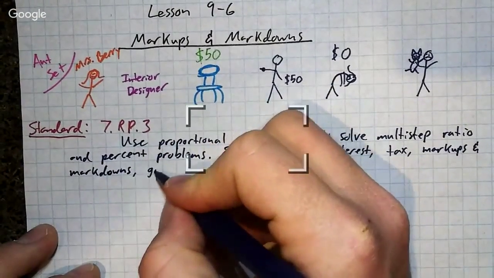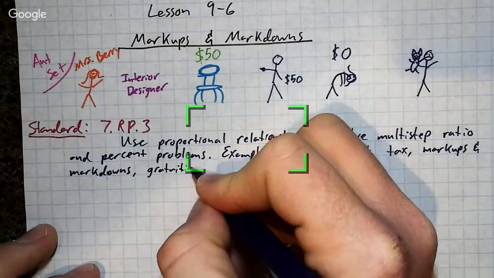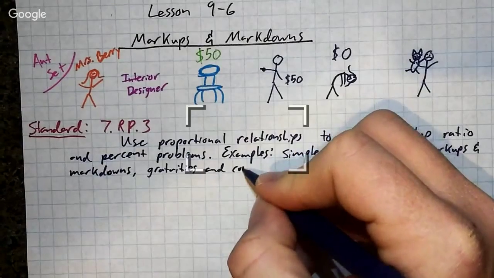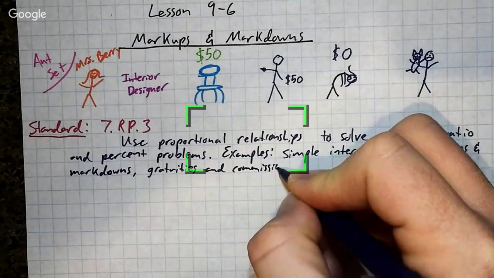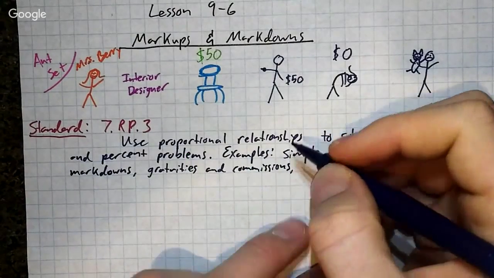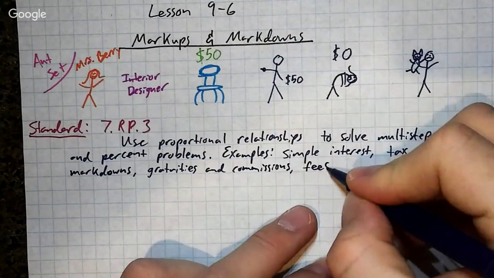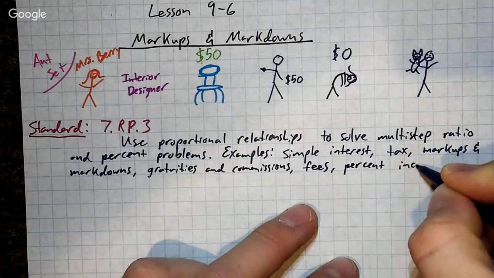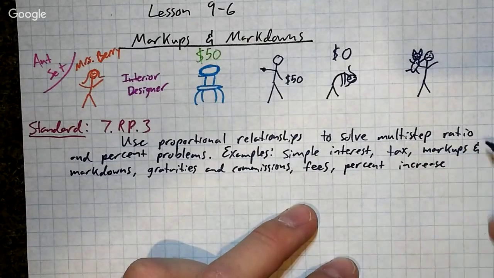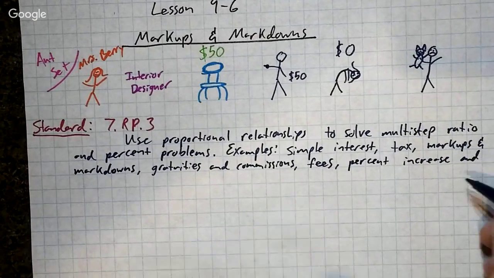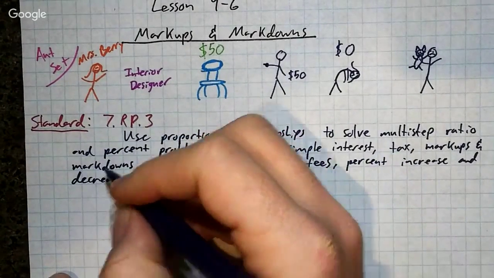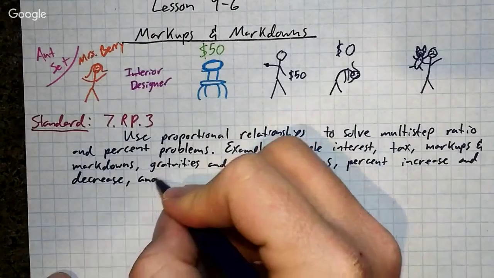We also have gratuities, which is like a tip, and commissions, fees, percent increase, and decrease, and percent error.